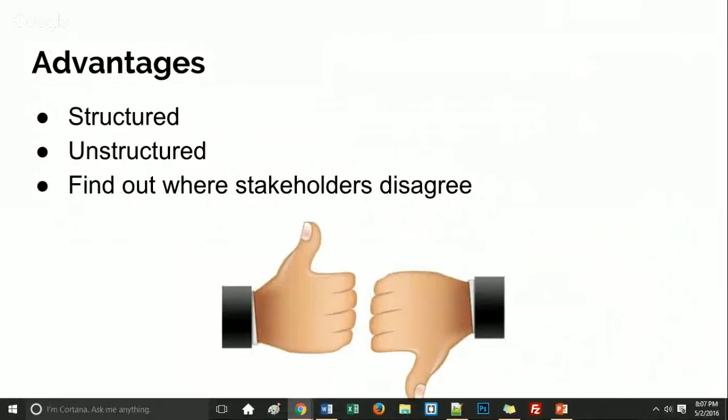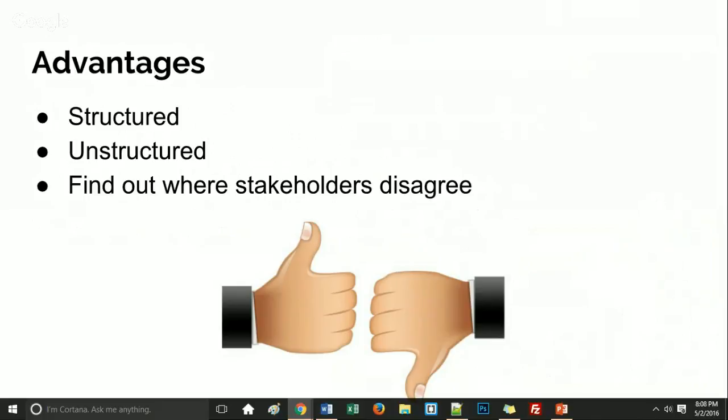So as previously mentioned, there are two types of interviews, structured and unstructured, also known as open-ended. One of the main advantages of the structured interviewing technique is that all of the interviewees are asked the same questions, which ensures that important or critical questions aren't skipped over and forgotten. An advantage of the unstructured type of interview is that there's no rigid structure that has to be followed.